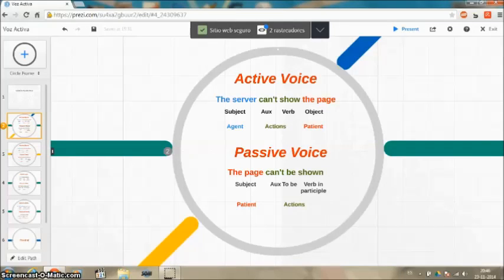In the passive voice, the subject must always be the patient, which is the page, because in passive voice we don't care who is responsible for the action. So: the page can't be shown. The auxiliary stays, but the main verb goes with the verb to be. So be shown: to show must be in the past participle.